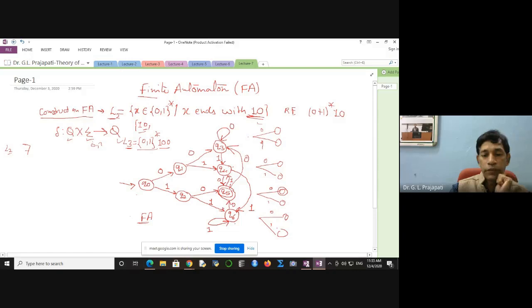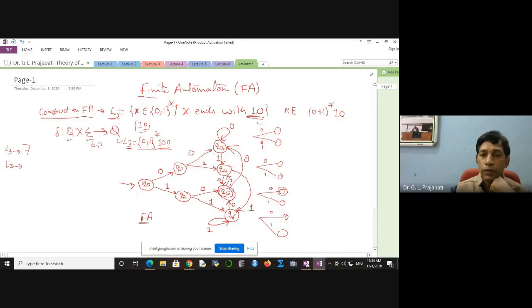So what you actually need, if you are supposed to construct the FA for the language that ends in 1 0 0, is these further states. If you want to remember the last three symbols in the language L3, how many states do you have in the machine?